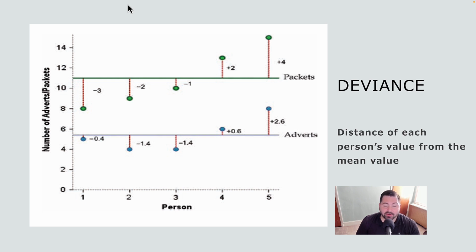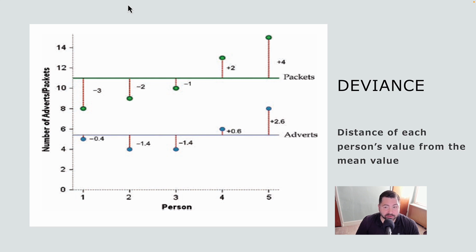Graphically, we can see this here. If we look at the x-axis at the bottom of the slide, you can see that we have 5 people. On the y-axis, in this particular example, it's based off of advertisements and packets, so it's some type of business or marketing research question. You can see the -3 represents that the average number of packets for advertising may have been 11, but for this particular person, it only took 8 advertisements to translate that into a purchasing decision.